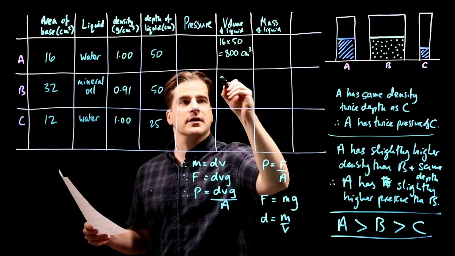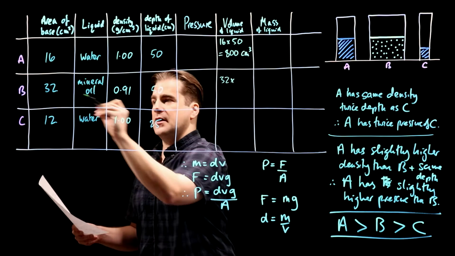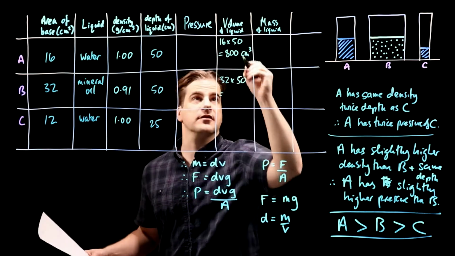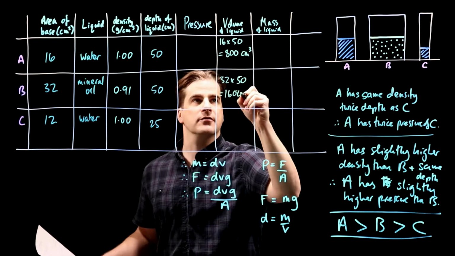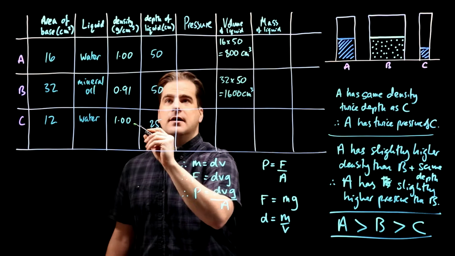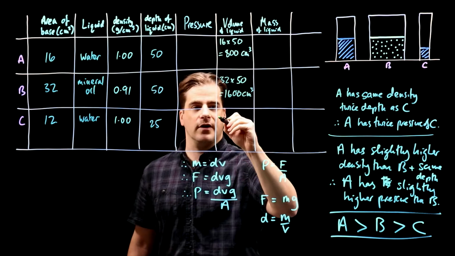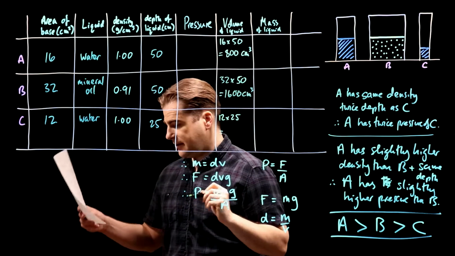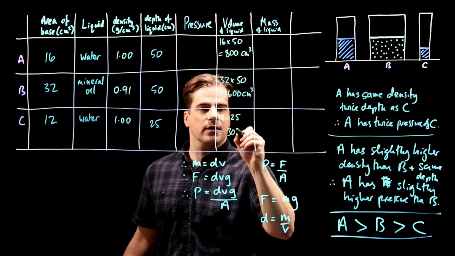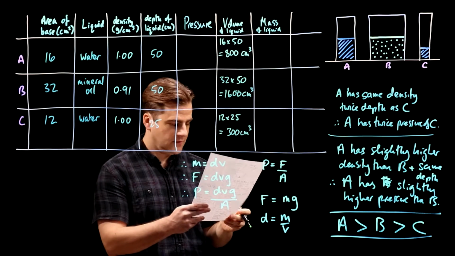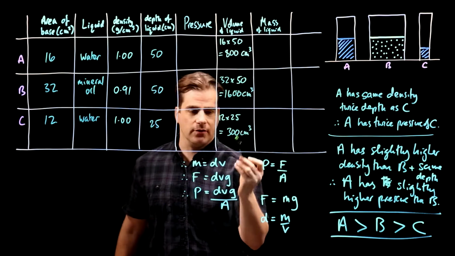Okay, this one is 32 times 50, which is, well, it's going to be twice that, so 1600 cm cubed. This one is 12 times 25, which is 300 cm cubed. Okay, right, so we've got the volume.